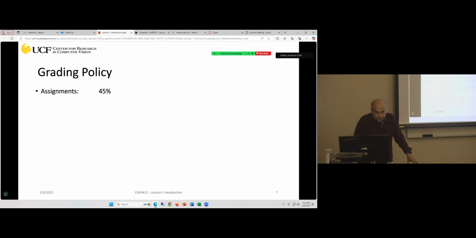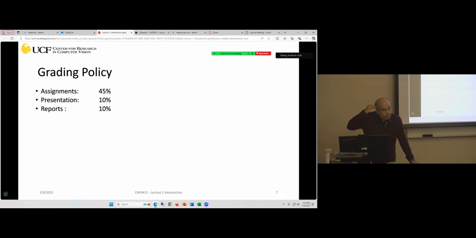So the grading will be that we will have several assignments, which will give you experience about these VLMs and diffusion models. I'll talk more about that. And then the presentation will be 10%, of the paper your group will select, and the reports about it.